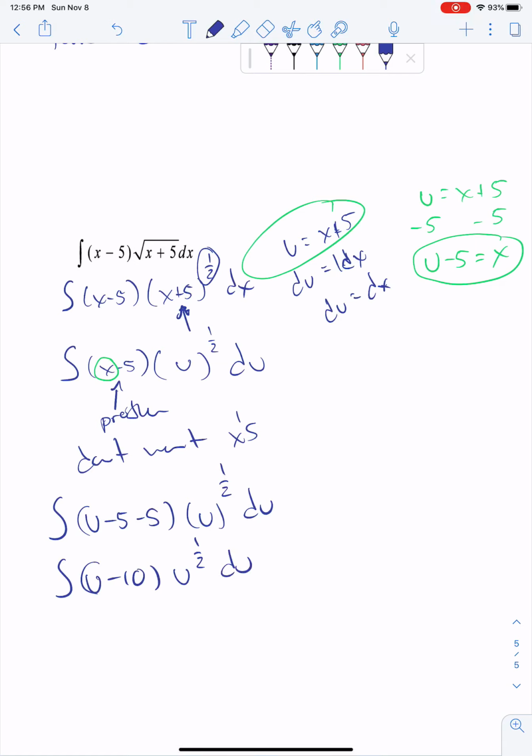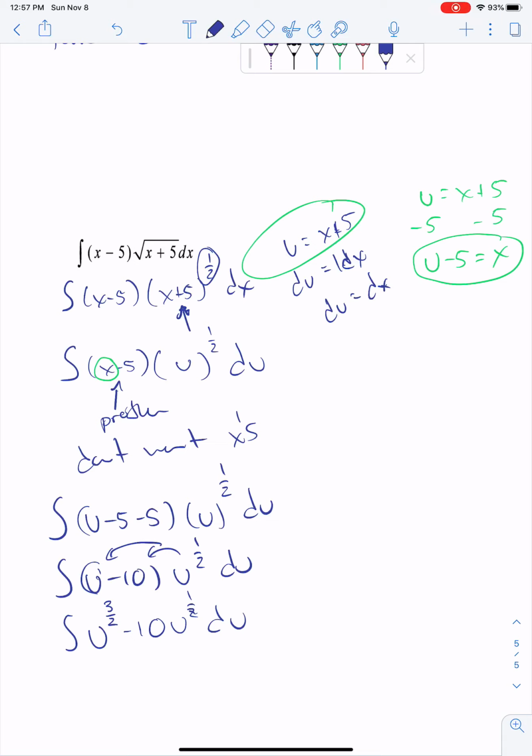And I still can't quite integrate yet because I don't want to deal with undoing a product rule, so I'm going to distribute that u to the 1/2. So integral u to the 1 plus a 1/2 becomes u to the 3/2 minus 10 times u to the 1/2 du. Now I can integrate.